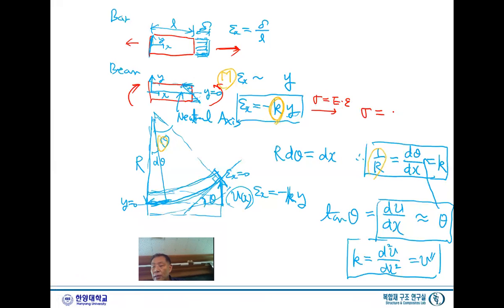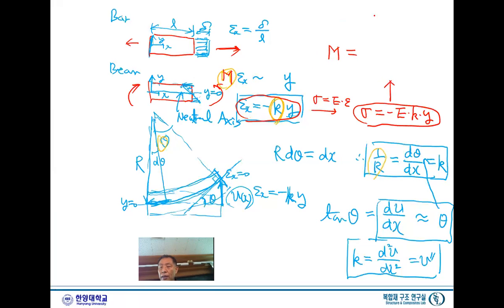Sigma equals E k y. So this is the deformation condition, the deformation observation, and this is the stress-strain relation. You remember from bottom to top, right? Deformation, strain, and stress, and then what's the last step? Equilibrium. Yes, equilibrium.